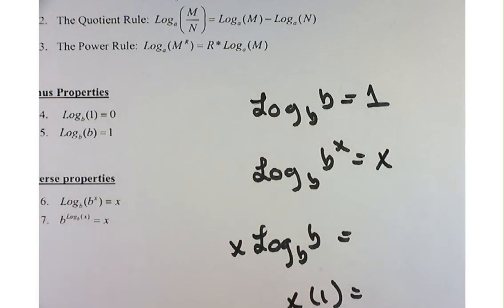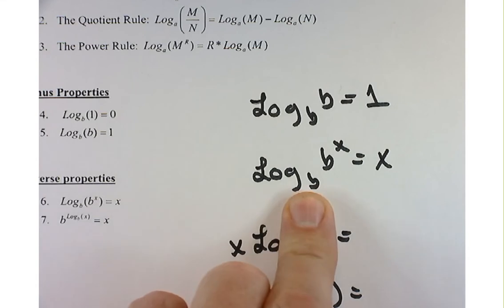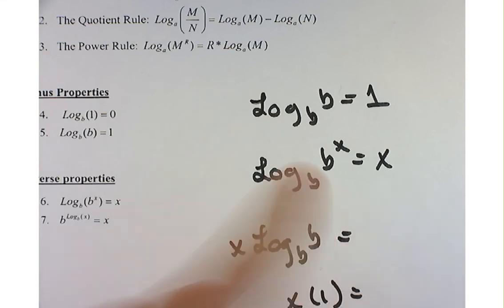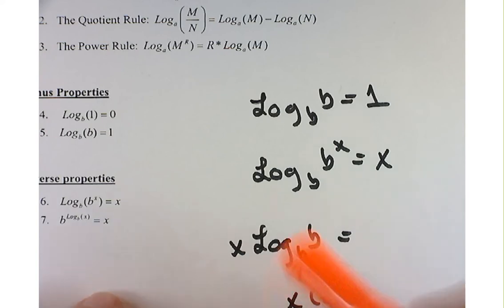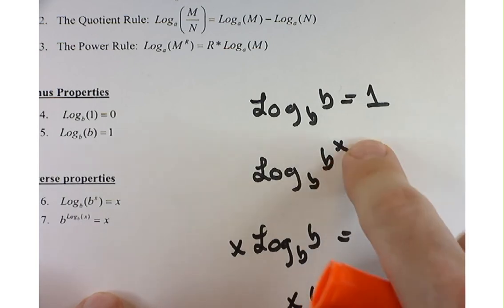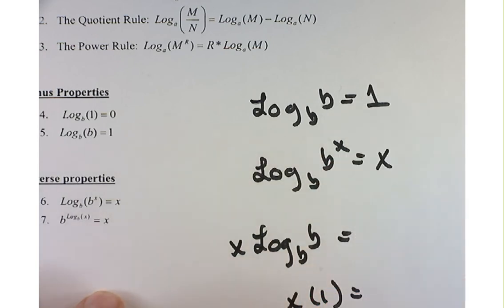And that really shouldn't be a surprise, because when we created the logarithm, it was because it was the inverse function of the exponential. So doing the log base b of b to the x, that's like taking the cube root of x cubed. They're opposite operations of each other. One does something, the other one undoes it.